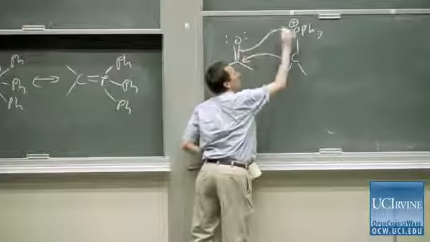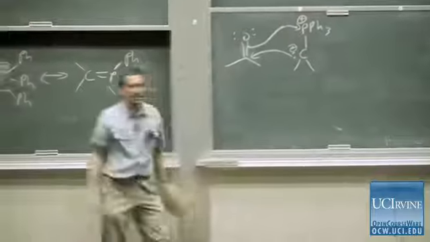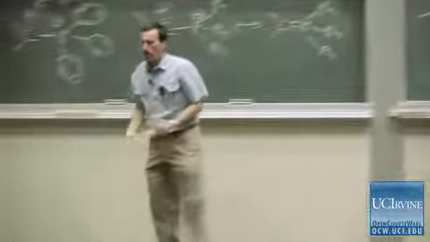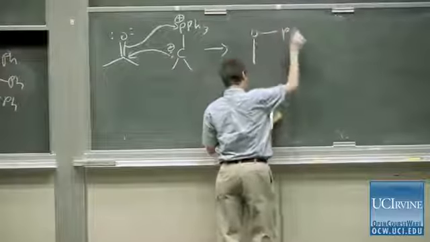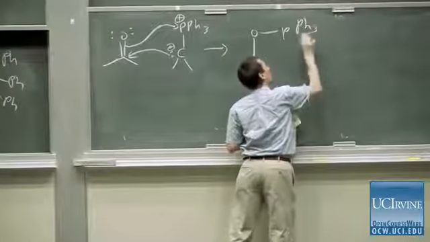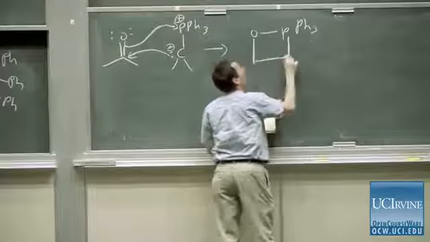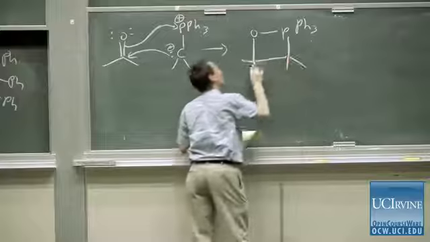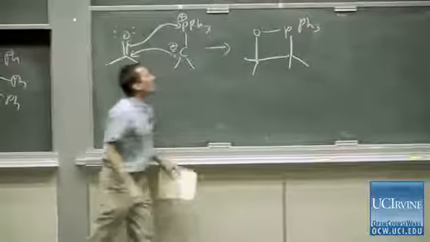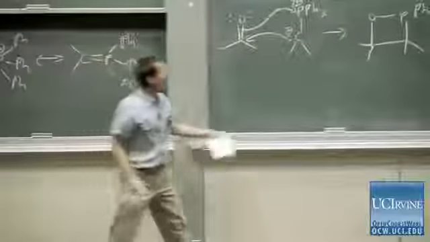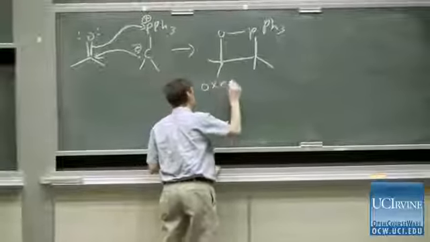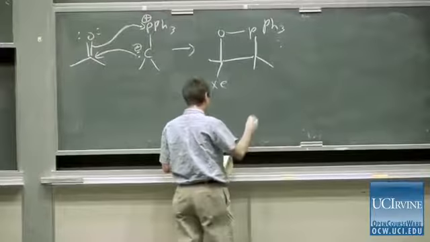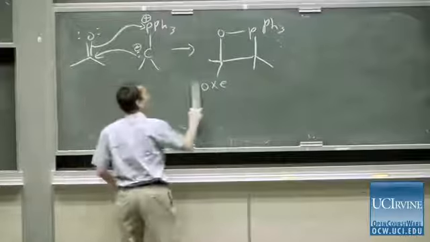So we can go ahead and have our electrons flow like so, forming a four-membered ring called an oxaphosphetane. I'll write out the name for it. And this is an intermediate that actually can be observed experimentally.